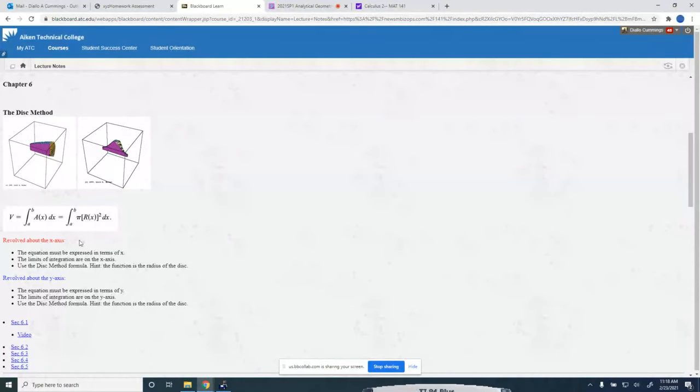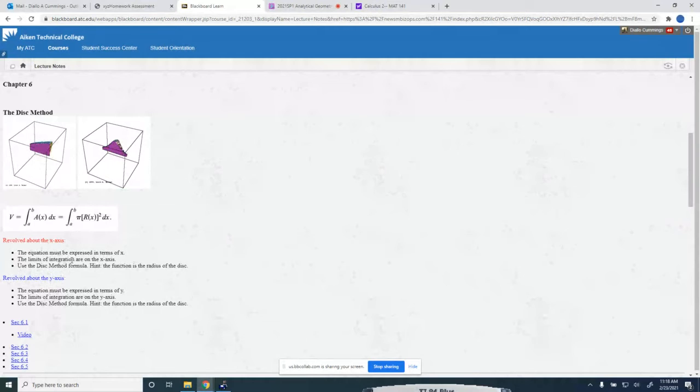Now, when you're using the disk method, it depends whether you're revolving your solid of revolution about the x-axis or about the y-axis. If you're revolving about the x-axis, here are the stipulations. The equation must be expressed in terms of x. We're going to talk about what that means in a second.